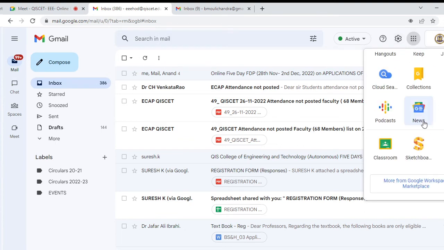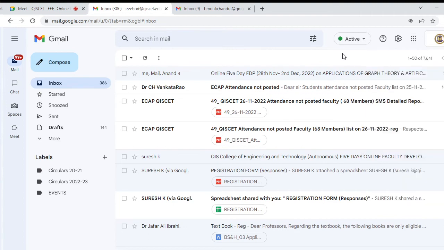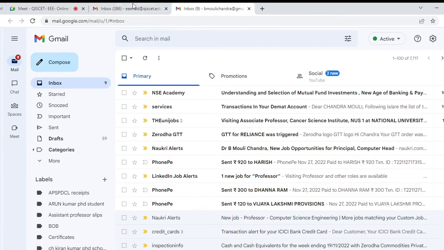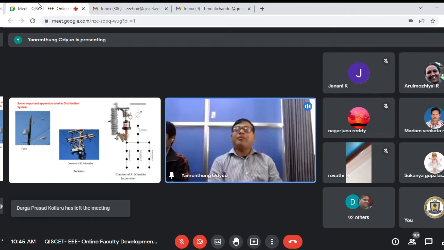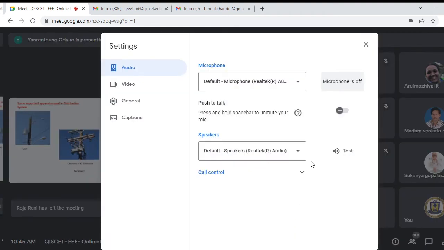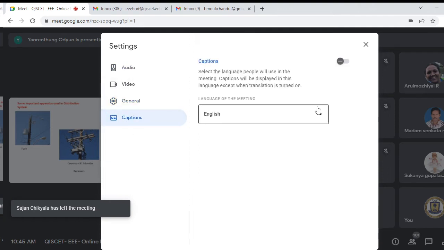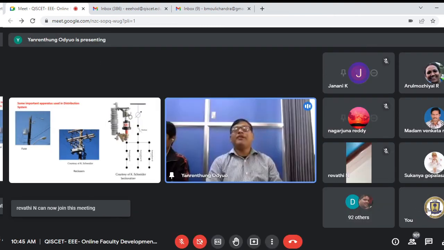Now on the distribution side we are also utilizing the sectionalizing switch. With the help of that one, it will act as a switch only. Sometimes we utilize the switch in a feeder, connected in series with the feeder line.